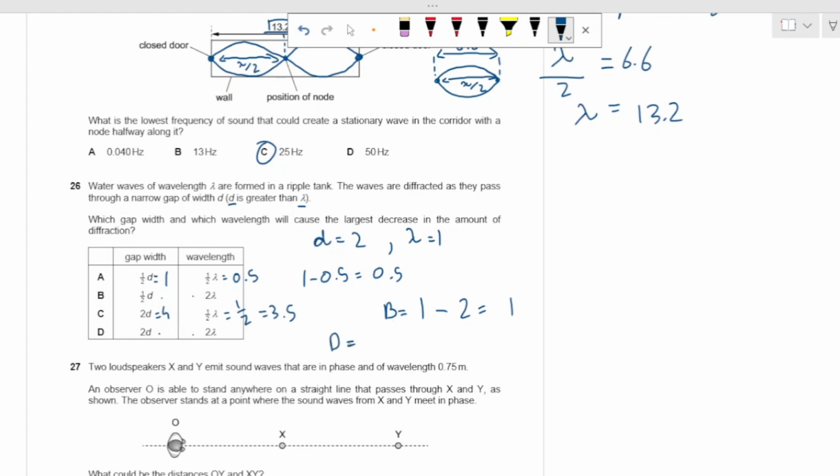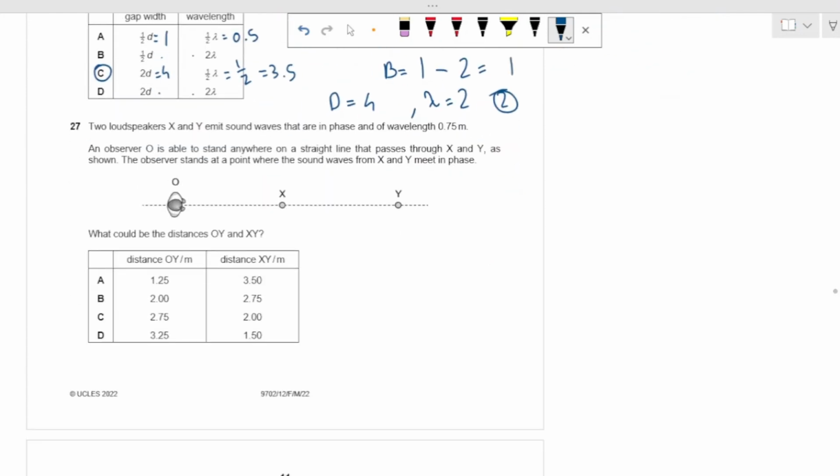For option D as well, we can look. That would be 2 into 2, 4. Similarly, for lambda, we can see it would be 2. If you subtract it, the difference which you would get would be again 2. So you can see that the greatest difference we're getting is for option C, and therefore option C is correct.